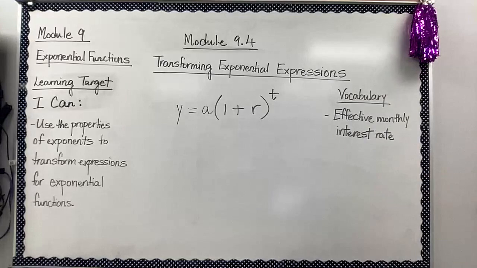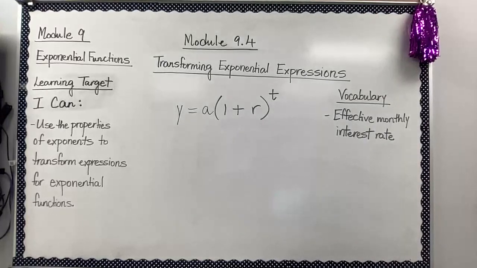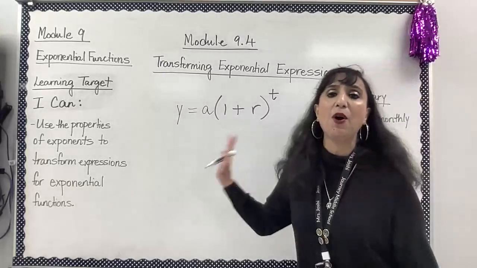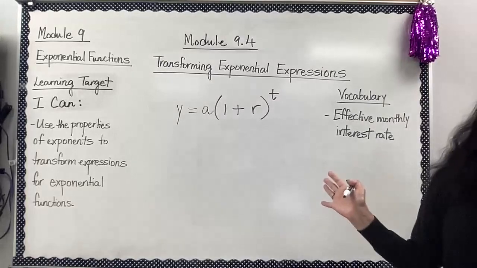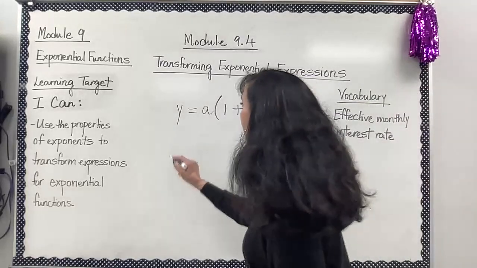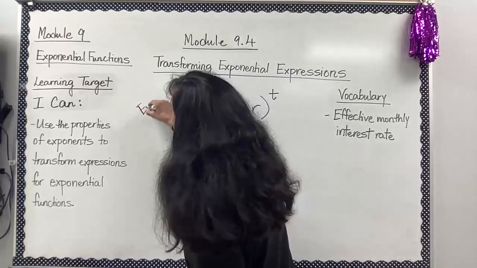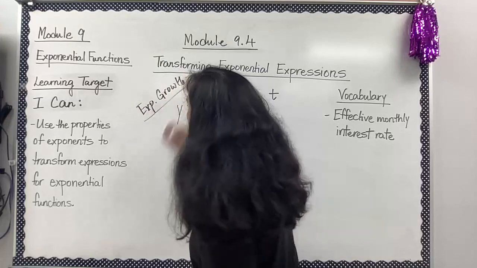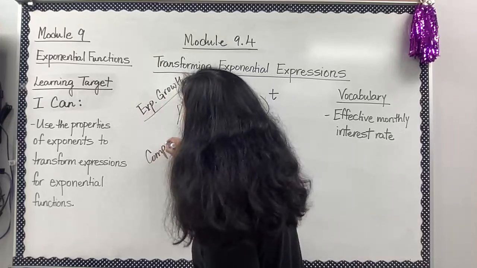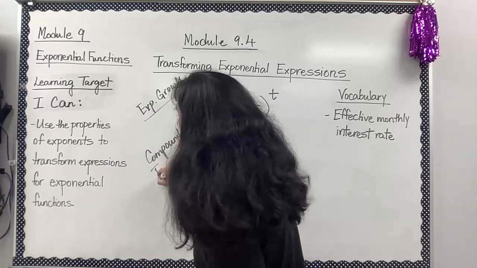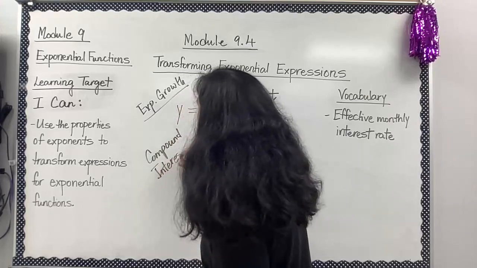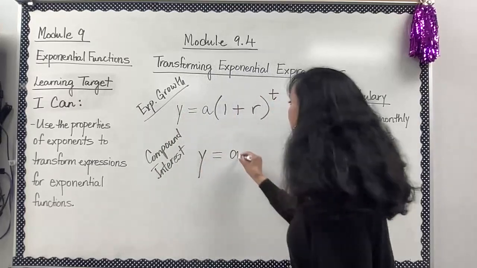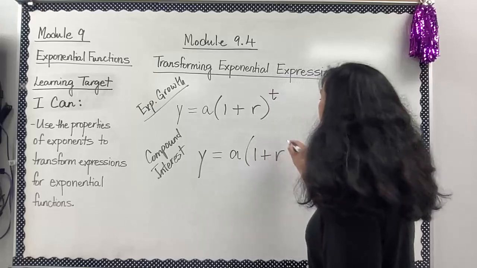Okay, then let's talk about what compound interest was. Compound interest is a type of exponential growth, so this is my exponential growth, and then my compound interest. It has exactly the same formula.